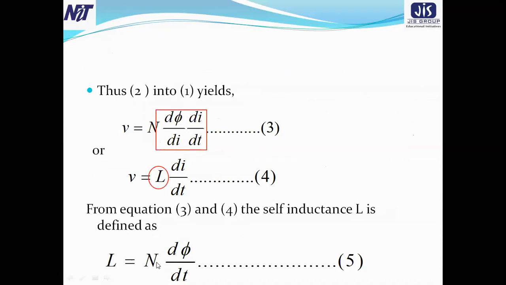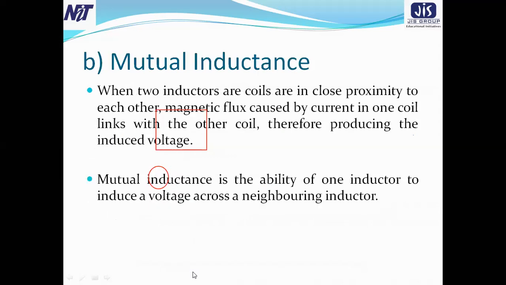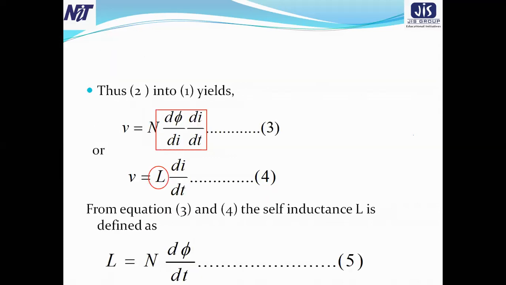So we write L equals N dφ/di. So V equals N into dφ/dt, and L equals N into dφ/di.